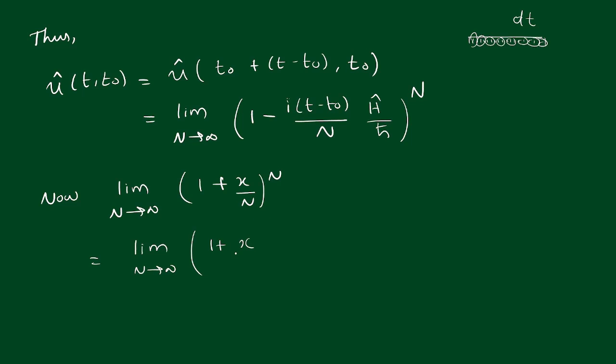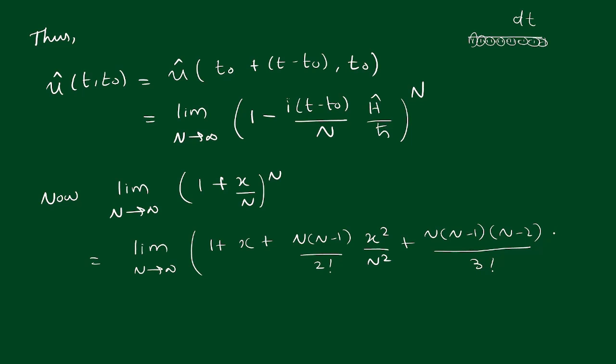So that becomes x, right, plus n into n minus 1 by 2 factorial x square by n square plus n into n minus 1 multiplied by n minus 2 divided by 3 factorial x cube by n cube, and it goes on like that. Is that correct?